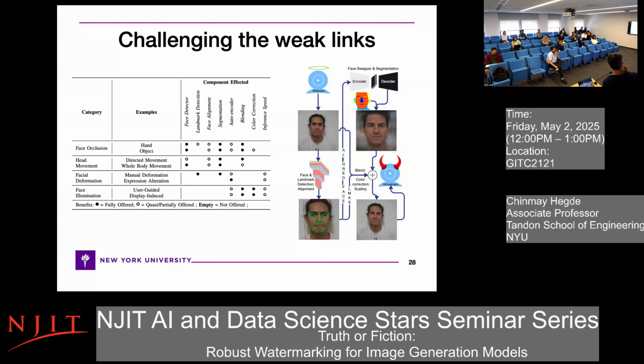For example, head movements really mess up the face detector. It turns out that the detectors assume that your face is a headshot which is frontal. If you change the angle of the face, the detectors don't work anymore. So if you're using a face detector to build a deepfake, that kind of action can degrade it.